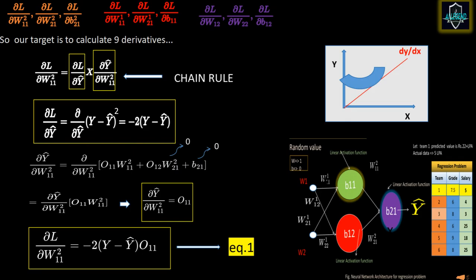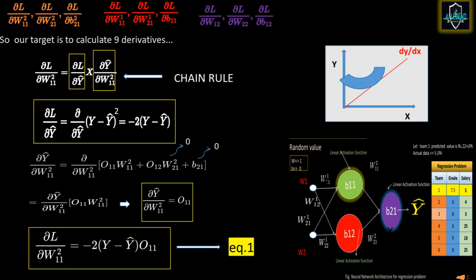So our formula is here. ∂L/∂W211 is equal to ∂L/∂y hat multiplied by ∂y hat/∂W211.